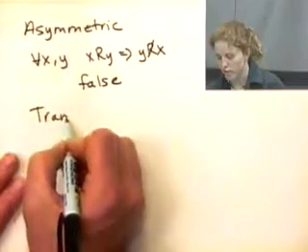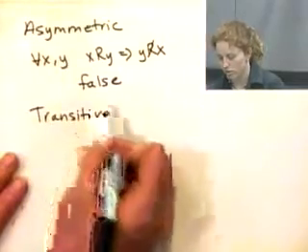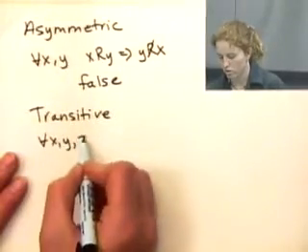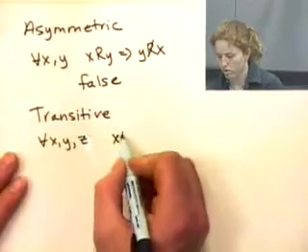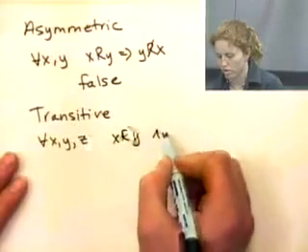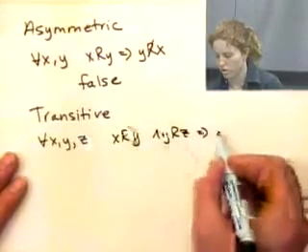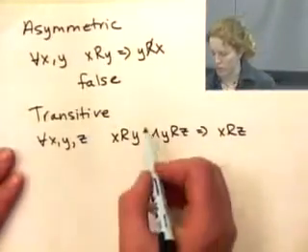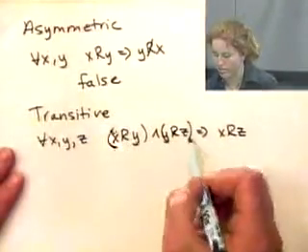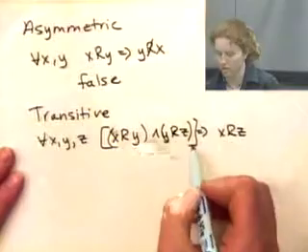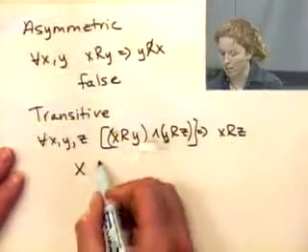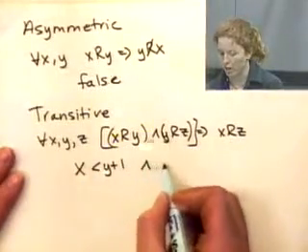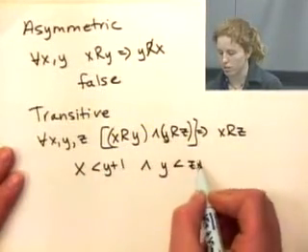The last one is transitive. So here I have to check. If x relates to y and y relates to z, does x relate to z? So in this case, I have x is less than y plus 1 and y is less than z plus 1.